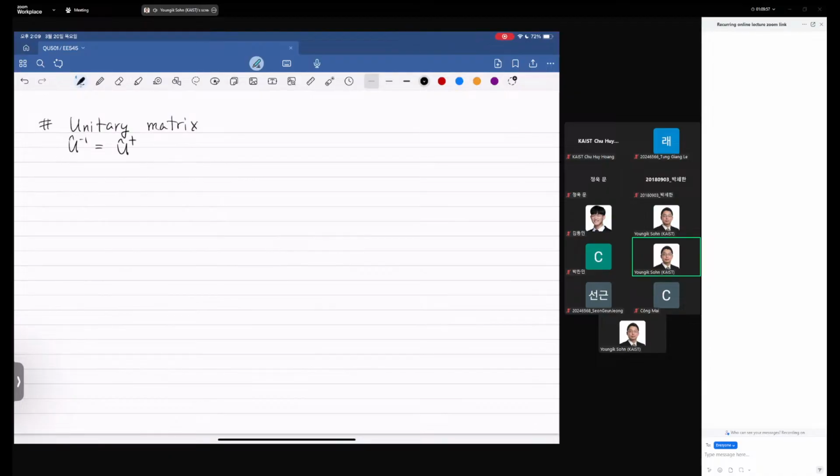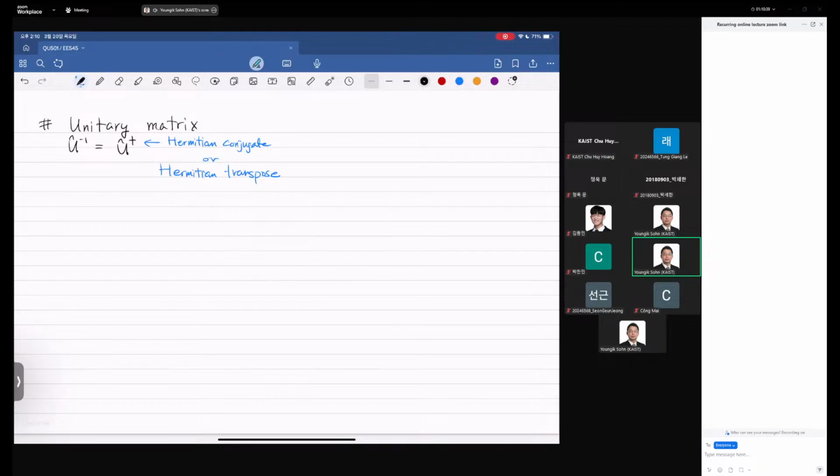It needs to satisfy that your dagger, which is the complex conjugate or Hermitian conjugate, Hermitian transpose, if you do that, you will get your inverse operator, the inverse matrix. So it's not trivial. You have to satisfy the condition. It's a special matrix that has that property.